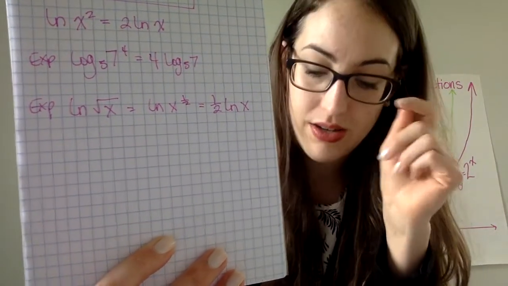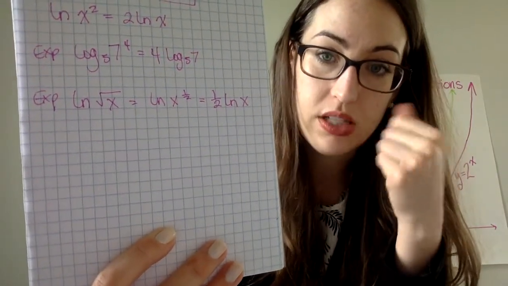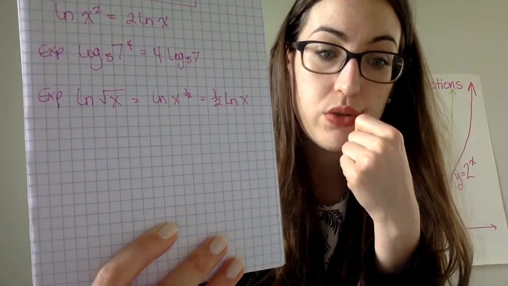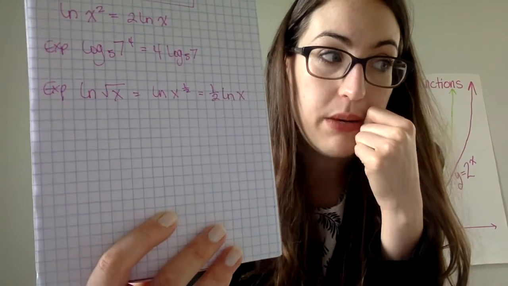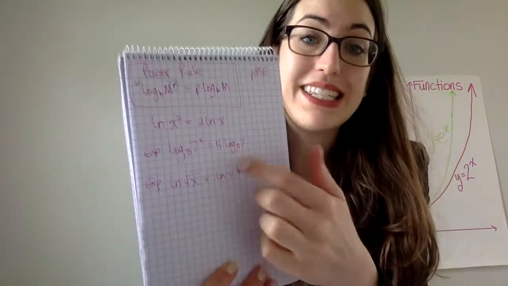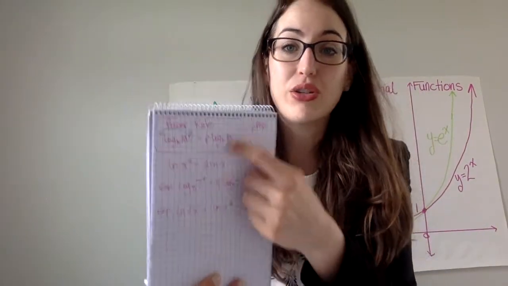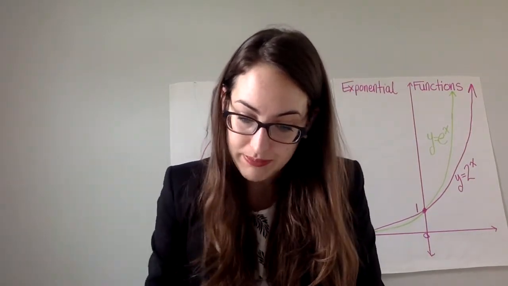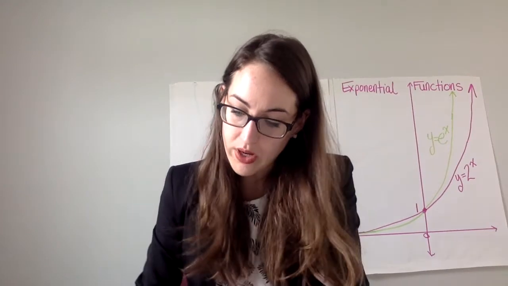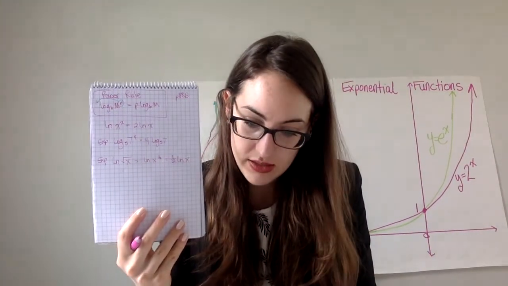You're just learning the rules for the logs. These are the properties of logs, which you do need. And they'll get applied even up in calculus. You'll apply these exact same rules, and instead of logs, you'll be using integrals. Fun stuff. Okay, so big 1/2 natural log x.